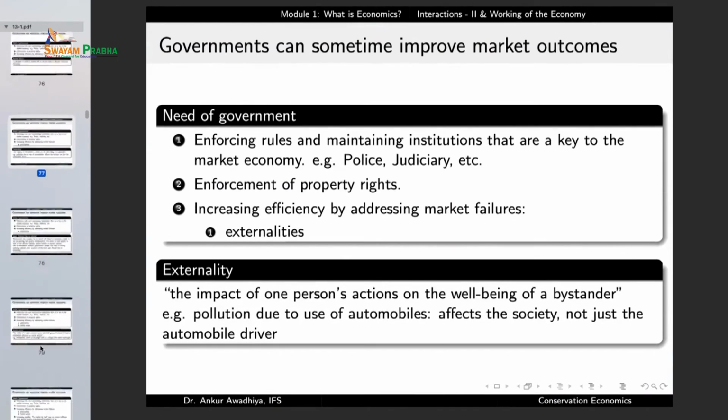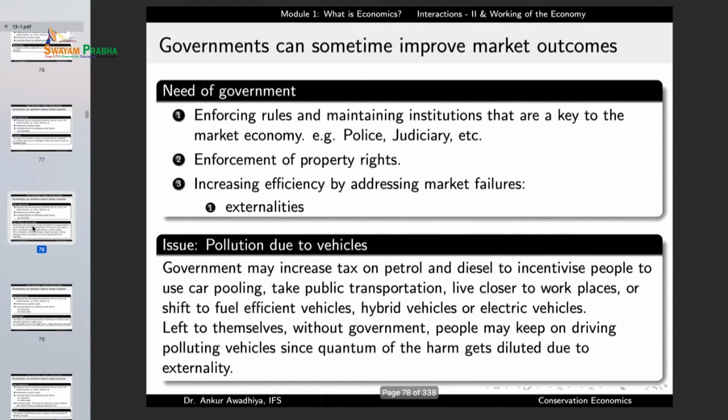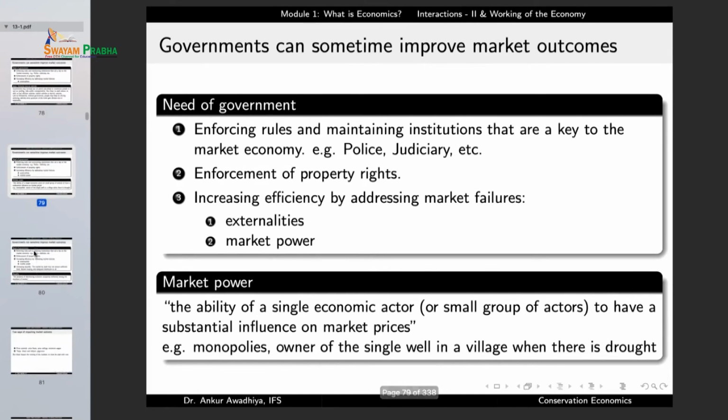Then we looked at market failures, things such as externalities and market power. Market power is the ability of a single economic actor or a small group of actors to have a substantial influence on the market prices. And we looked at how monopolies have a tremendous amount of market power.